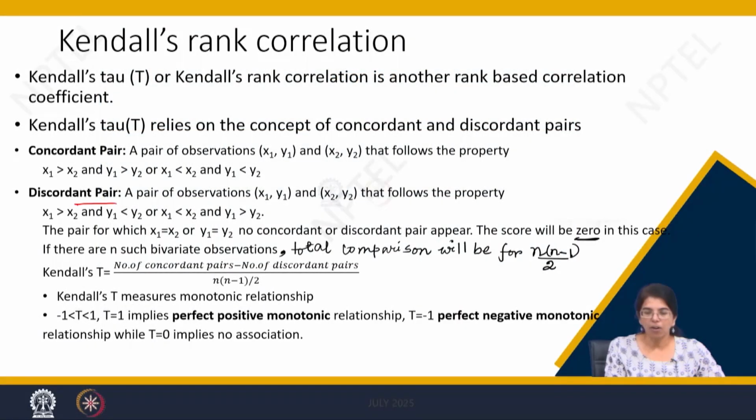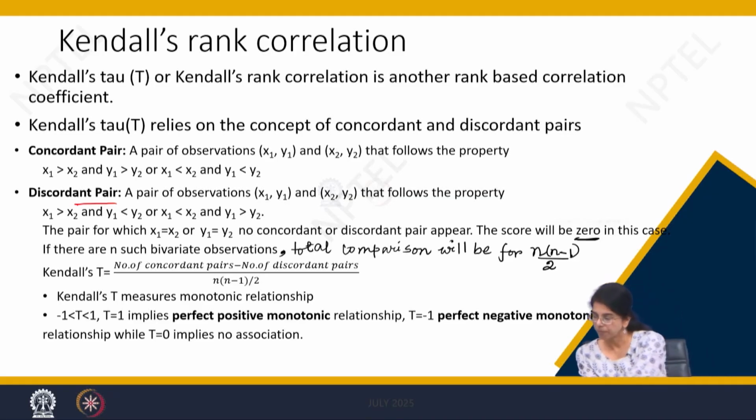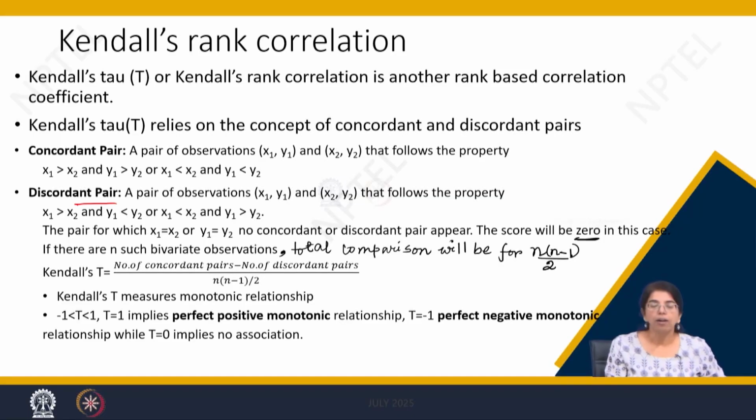On the contrary, discordant pairs are pairs of observations x1, y1 and x2, y2 that follow the property x1 greater than x2 and y1 less than y2, or x1 less than x2 and y1 greater than y2. So in the concordant pairs the inequality remains the same, while in the discordant pairs the inequality is reversed.